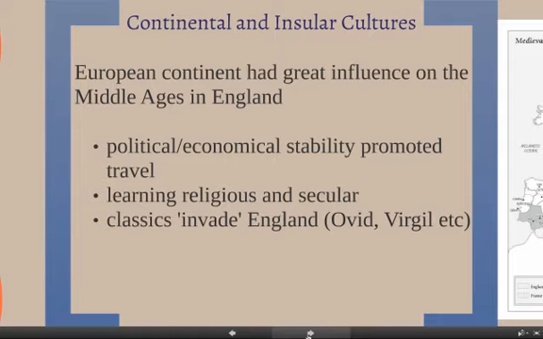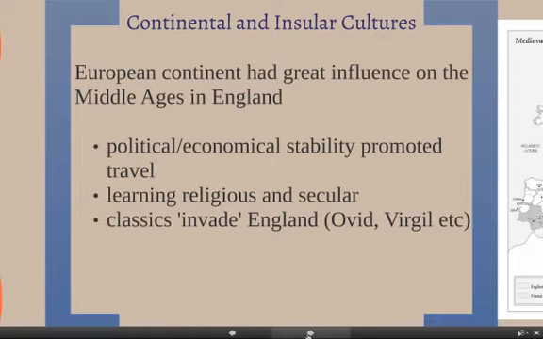Now people, scholars and clerics of the church, have the opportunity to go to France or go to Italy and study Catholicism, or even go to Spain and study Arabic cultures that have been in Spain at the time, and even some of the Jewish cultures and things like that.